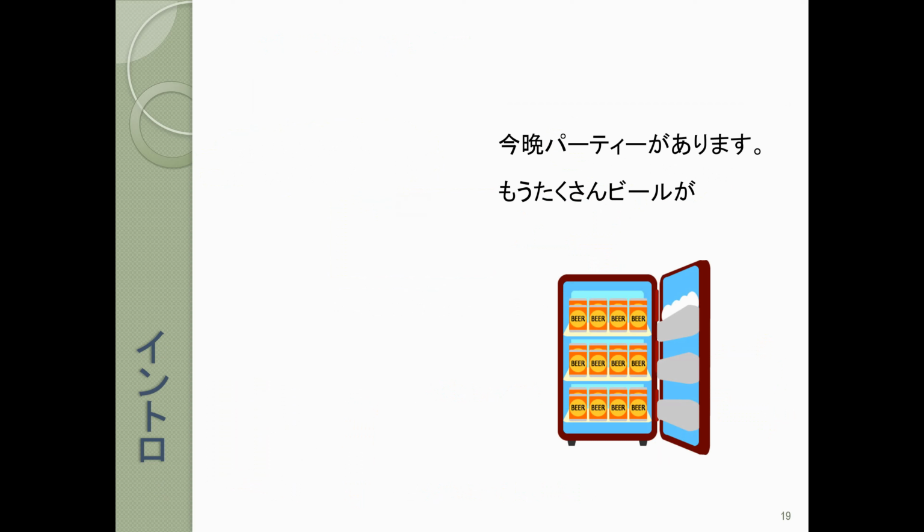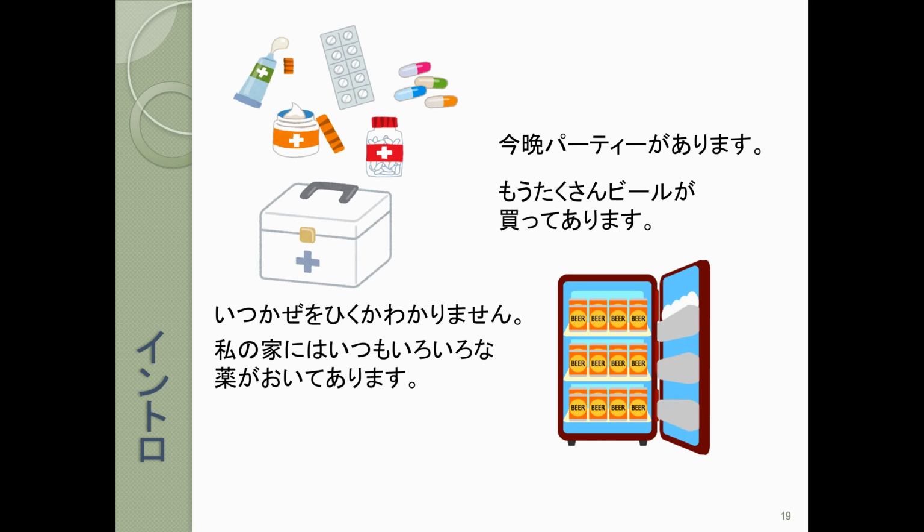For example, 今晩パーティーがあります。もうたくさんビールが買ってあります。So I have a party tonight, so a lot of beer has already been bought to get me ready for the party. いつ風邪をひくかわかりません。I don't know when I might catch a cold.